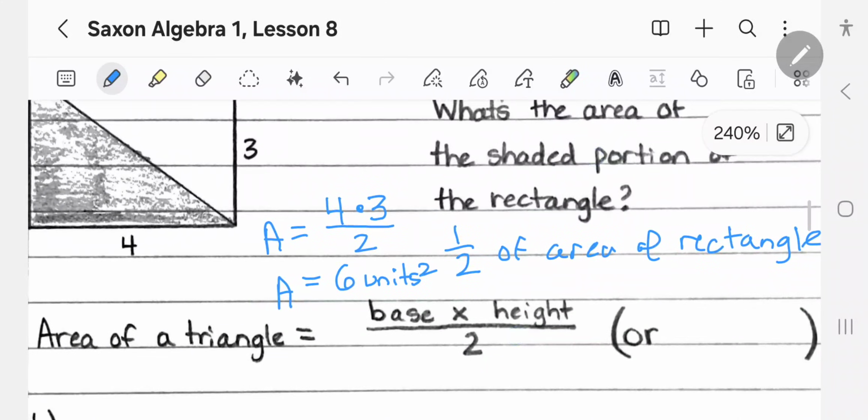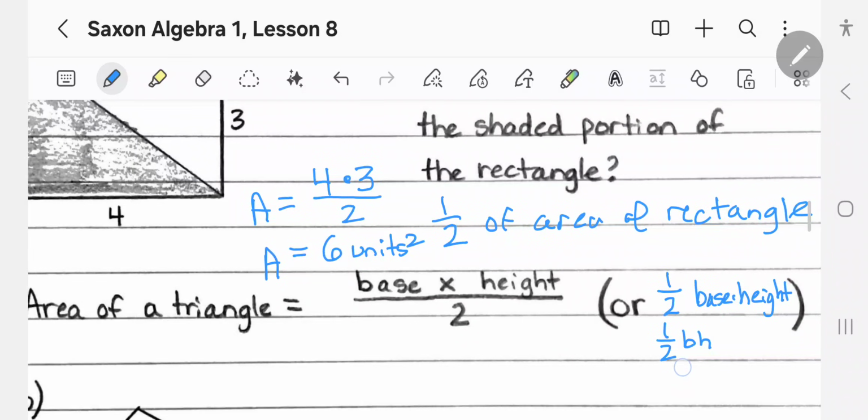The area of a triangle is equal to the base times the height divided by 2, okay? Or, like we mentioned a minute ago, that's the same as 1/2 of the base times the height. So a lot of times you'll see it written like this, or you'll see it written as base times height divided by 2. Either way, that's fine to think about them that way.